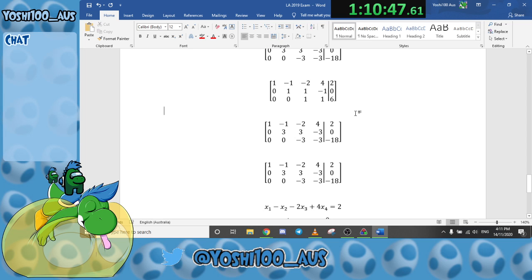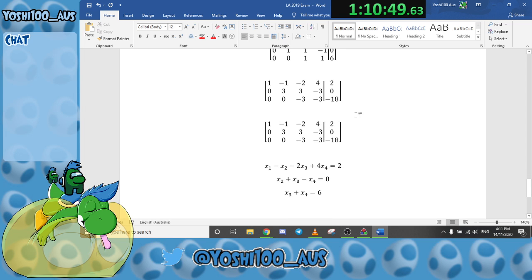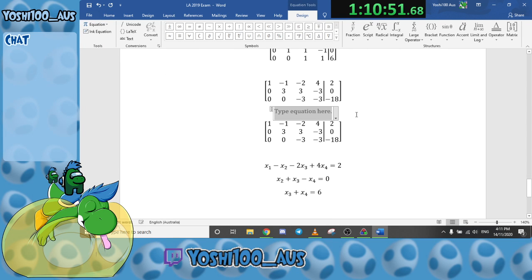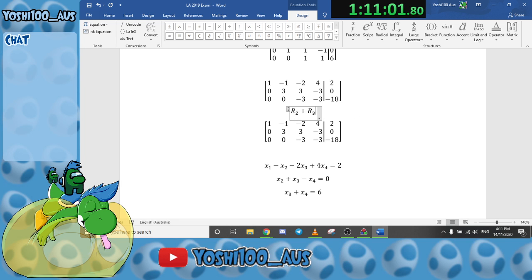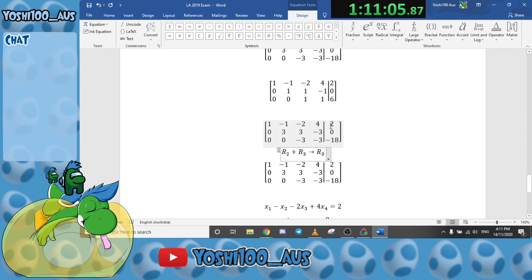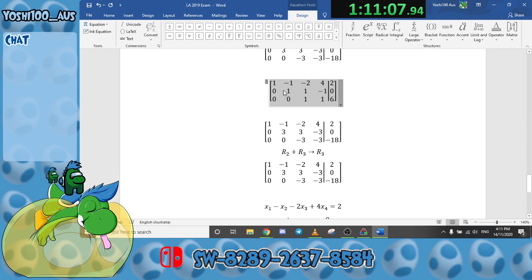Okay, you know what? Maybe we'll write my steps. So here we're going to do R2 plus R3 becomes R3. Oh, no. I copied the wrong matrix. Oh, I didn't have this copied, that's why.